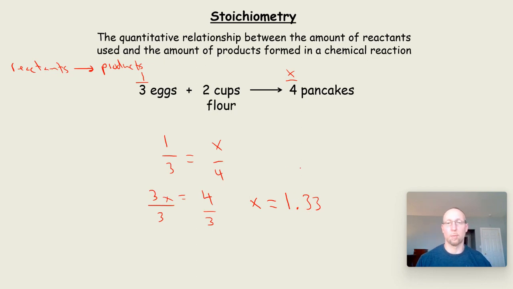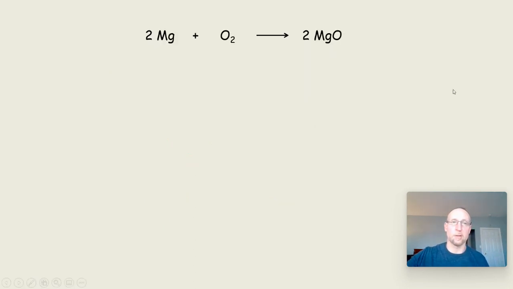So 1.33 repeating. So I can only make 1 1/3 pancakes, right? So that's our proportions, right? If I only have 1 egg, that's the most pancakes I can make based on the recipe that I have here, okay? So you're always given the formula, the recipe. You just got to figure out if you change something, how does that affect everything else in the reaction, all right? So let's look at an example here.